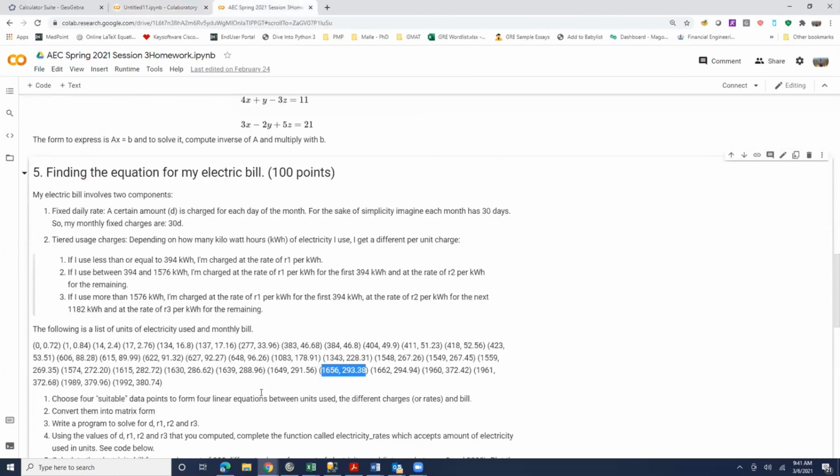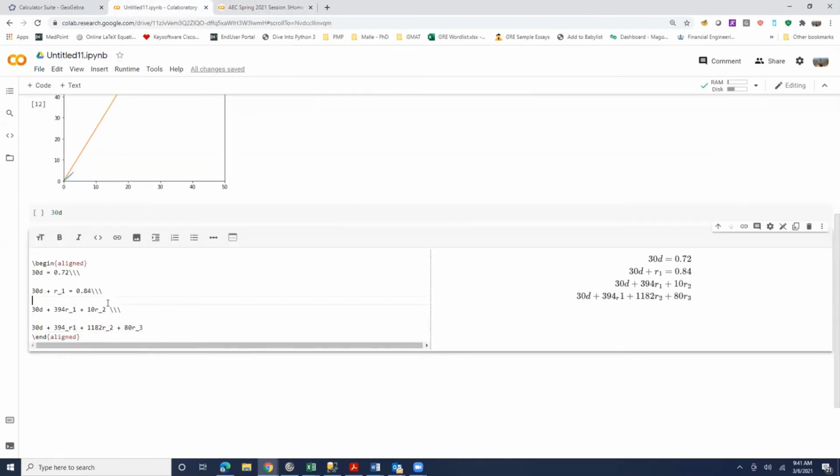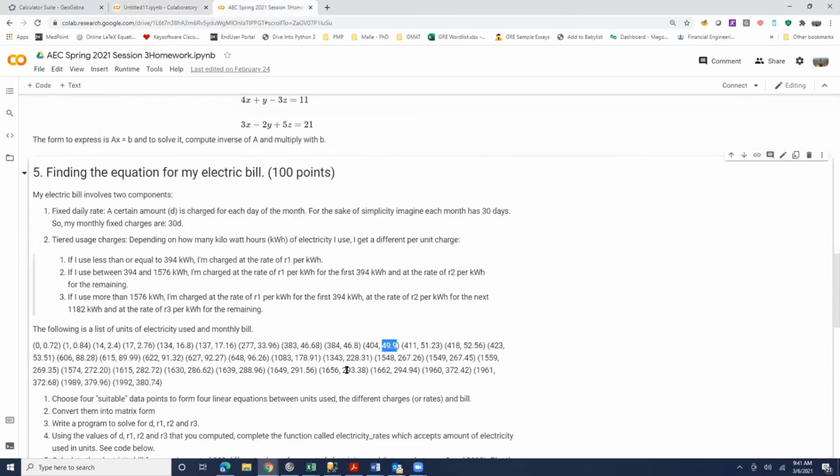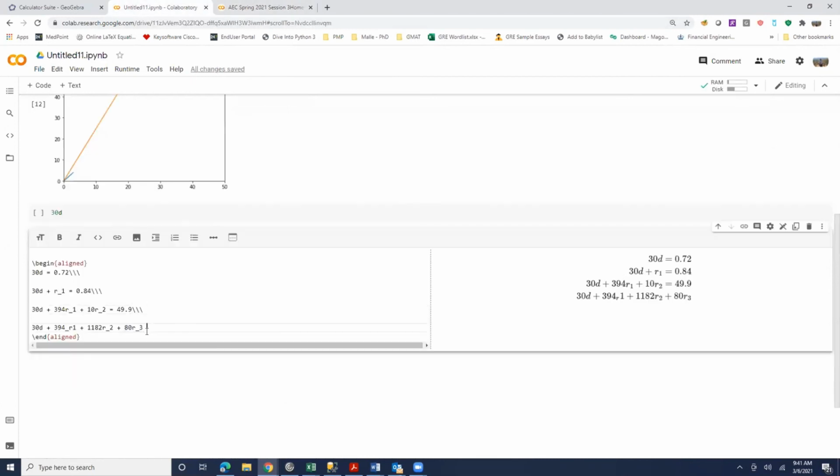What was the cost here? 49.9. This one, the cost is 293.38. So we got 4 equations and we have 4 variables. Hope you can see my screen and these 4 equations.